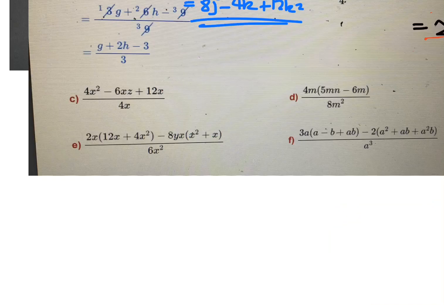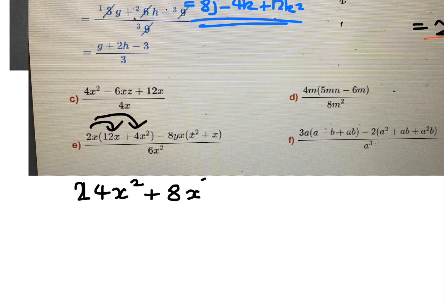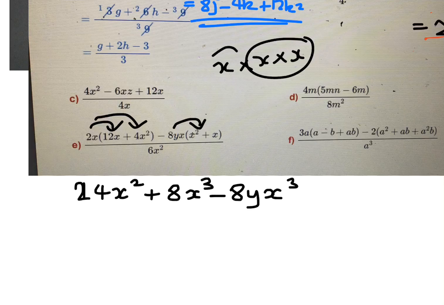So just one final one here. So expanding this. 2 12s are 24. So that'll be 24x squared. Plus 2 4s are 8x cubed. 8 times 8xy, x times x squared would be minus, because it's a minus 8y, x times x squared is x cubed, because that would be 3 x's, 2 in the x squared and 1 in the other one.